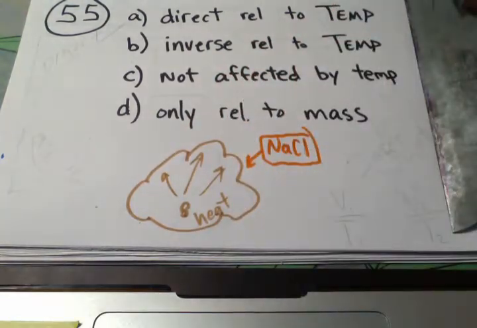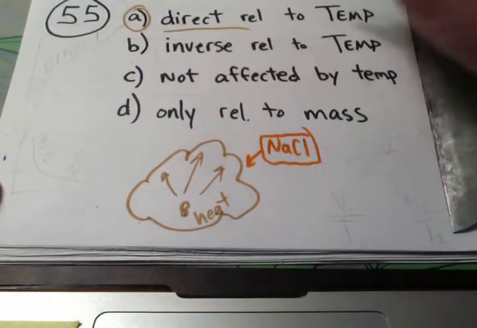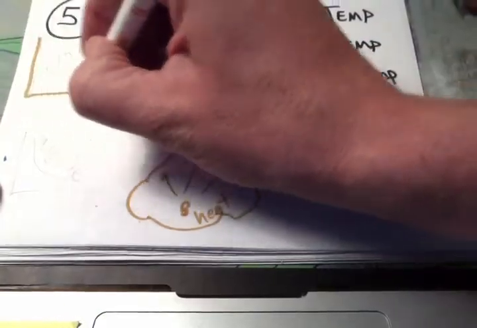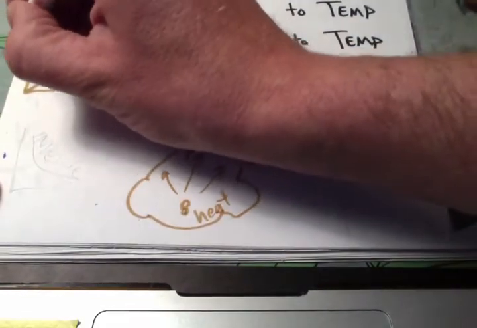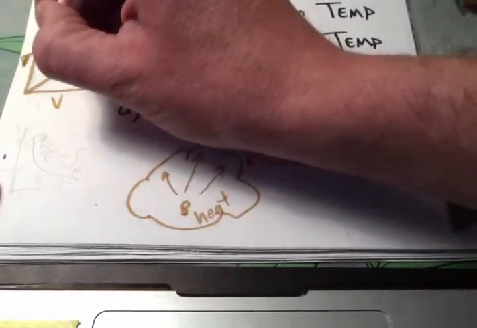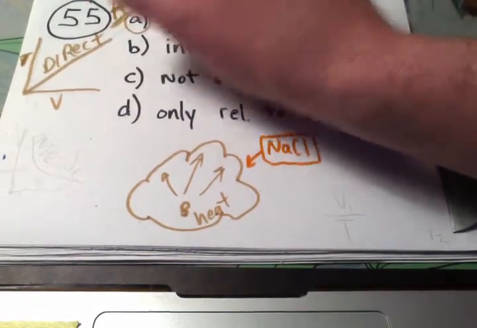So as the popcorn got hot, the popcorn got bigger. They both went up. Because remember, what we said, temperature and volume is direct. It's choice A.